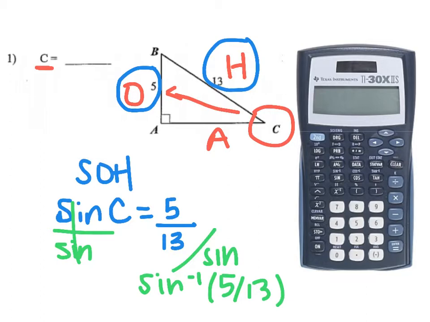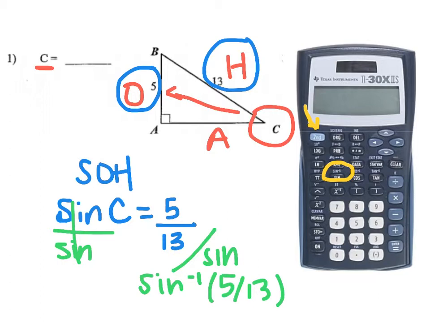So in the calculator, you are going to hit the second button and then the sine button. If you look above the sine button, it says sine to the -1.